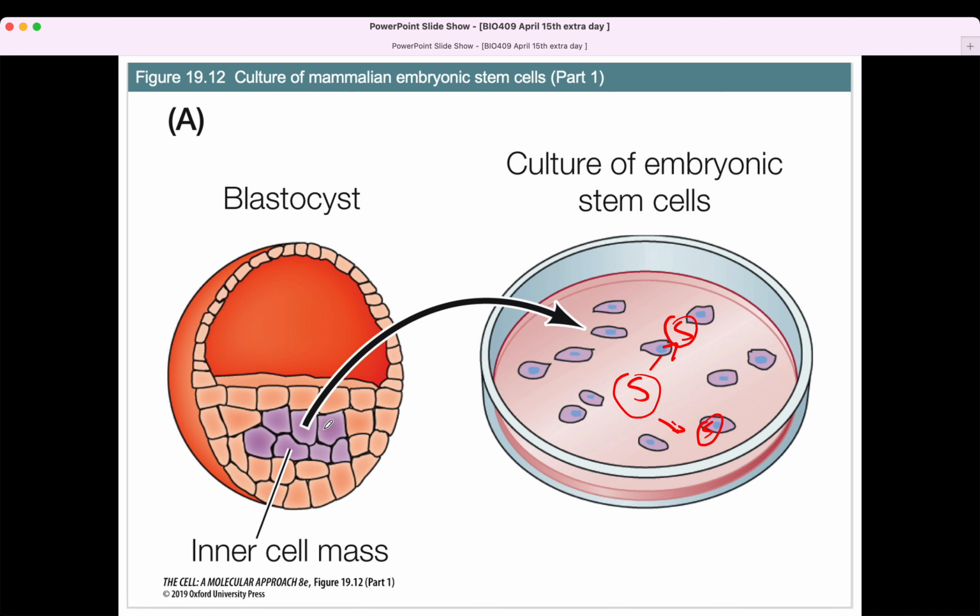And when they're dividing outside of the embryo and it doesn't implant, they'll expand a long time. There's a limit to their expansion potential, but they can divide a lot and produce a lot of embryonic stem cells. So that's one reason that people really like to study embryonic stem cells: it's possible to get lots of them in a dish to study them.